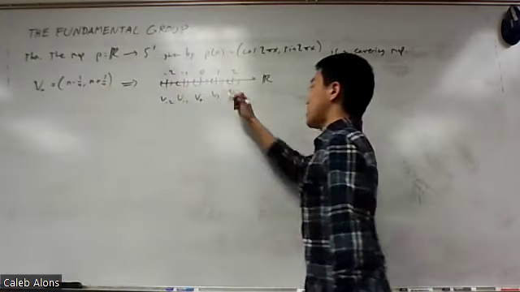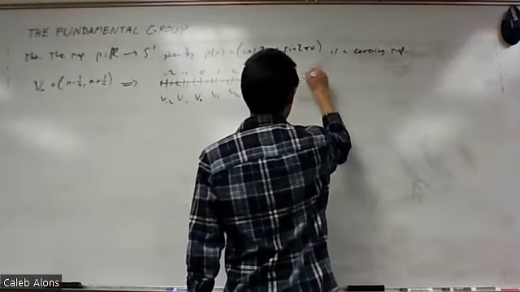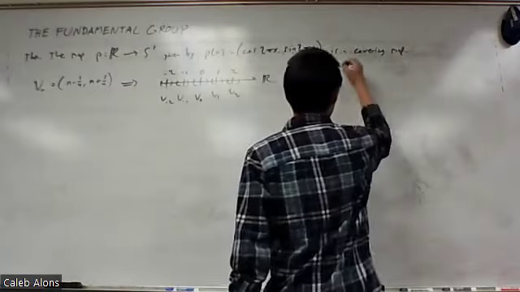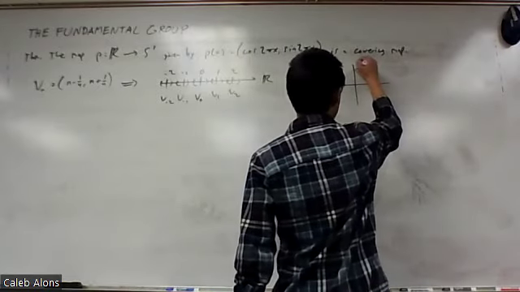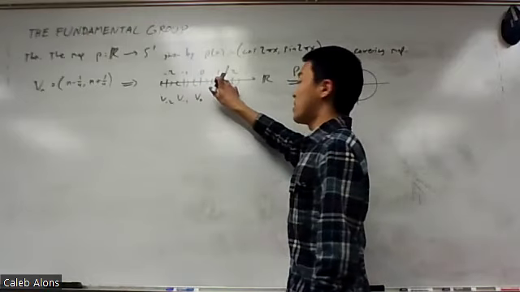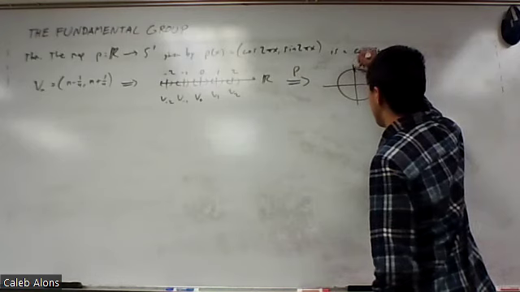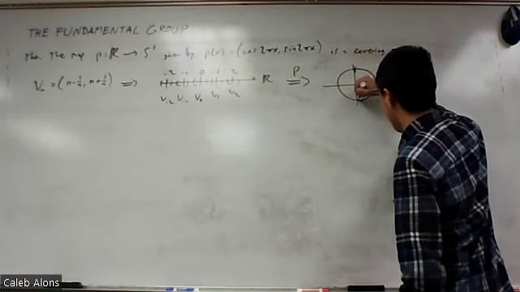And all of that collapses through P onto the unit circle. All of these open neighborhoods are going to collapse onto this.